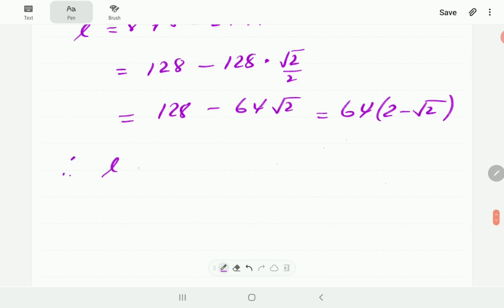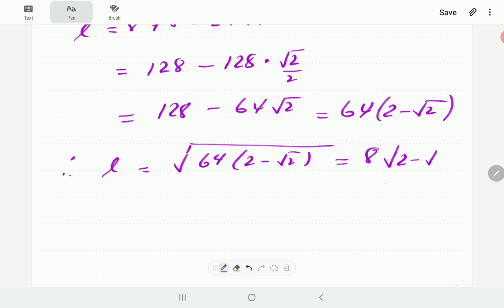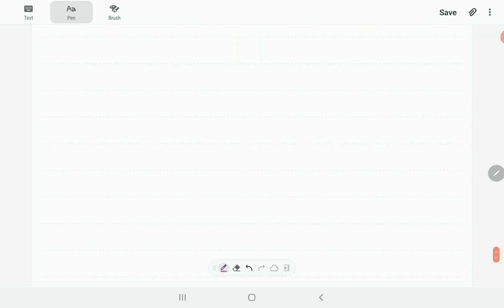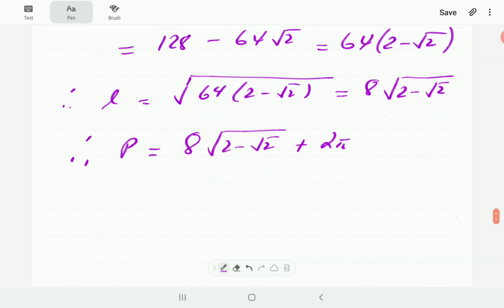Therefore L is the square root of this, and the square root of 64 is 8. So L is 8 into the square root of 2 minus root 2. Therefore, the perimeter is 8 times this, plus 2 pi, which we found earlier, all in centimeters.